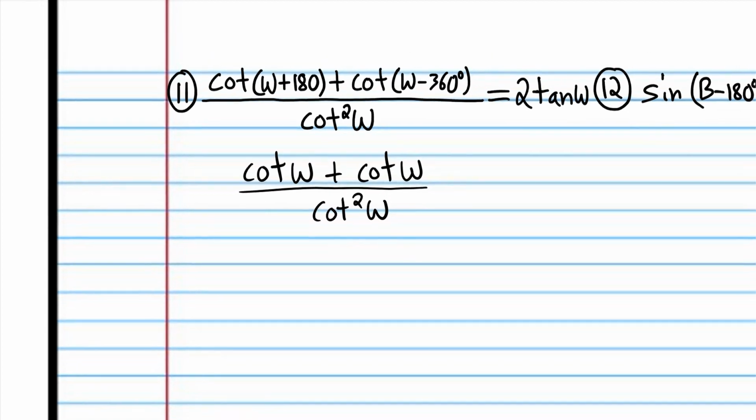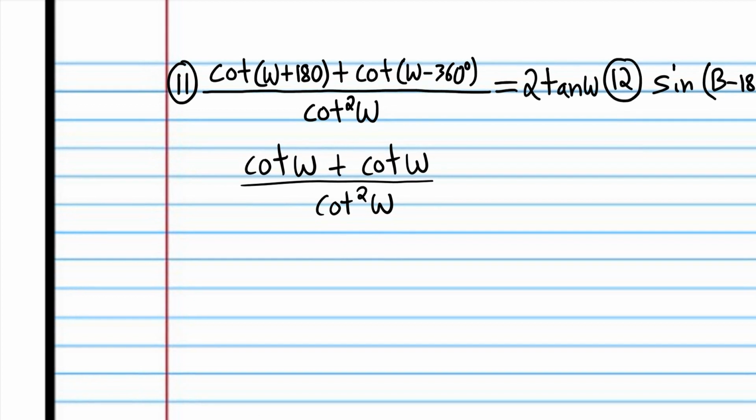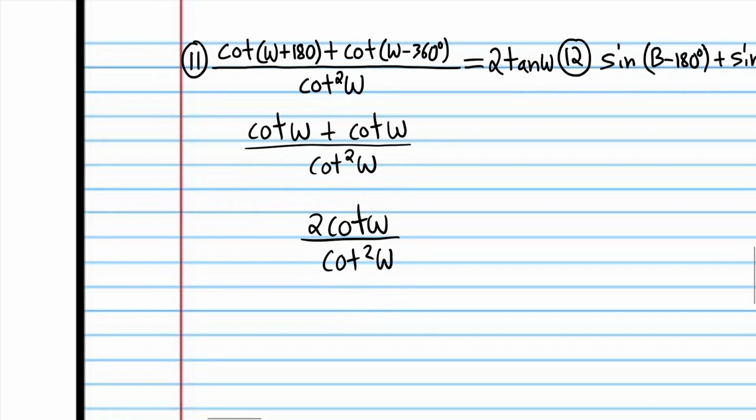So now we're going to add these two cotangents in the numerator. And we get 2 cotangent omega divided by cotangent squared omega.